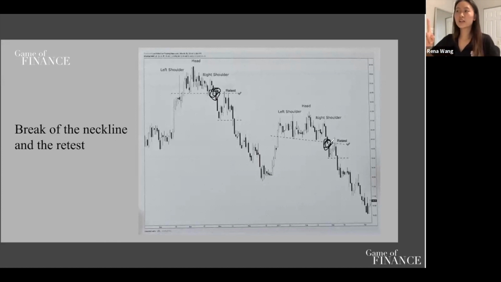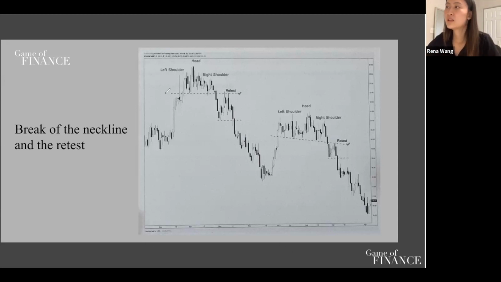But there is the thing that we call retest that we have to consider. It's not necessarily always just going to keep going down. There might be a retest in this scenario. So an alternative entry signal is given when the price moves back to the neckline from below. This is very important to distinguish.